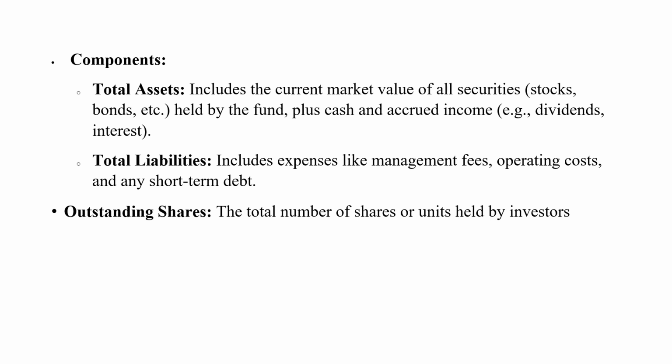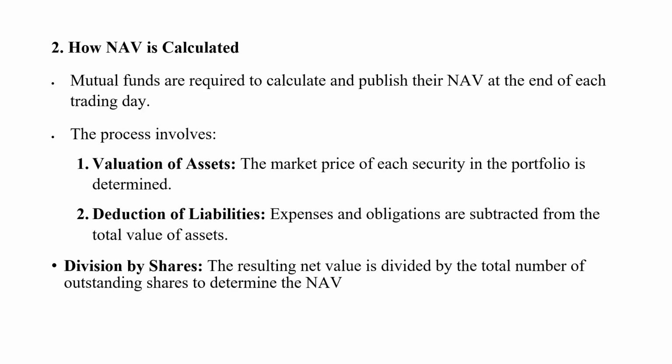Suppose we take the example of 120 as total asset and 7 as total liability, in the form of $1 million, or in thousands of rupees, and outstanding shares I said 10. When you divide it, you get 11.80 or 11 rupees 80 paisa per share value under the mutual fund. So this is how NAV is calculated.